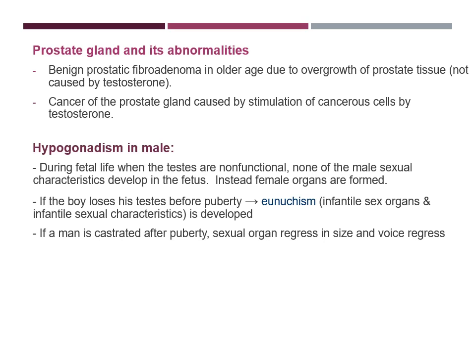And if the man has been castrated, removed his testis after puberty, then sexual organs may regress in size and voice may regress, but the main male secondary characteristics will remain.